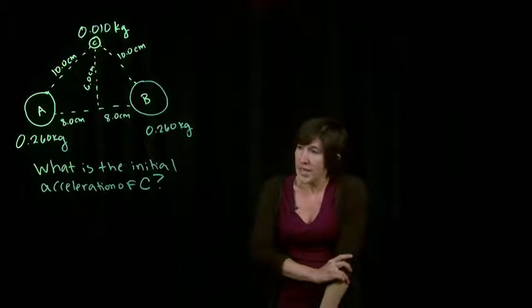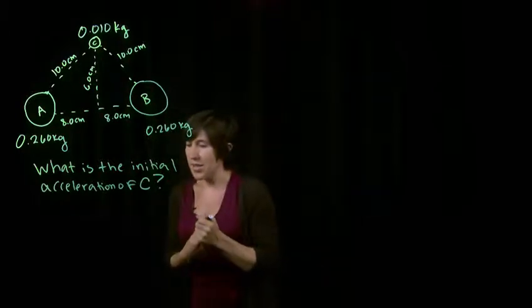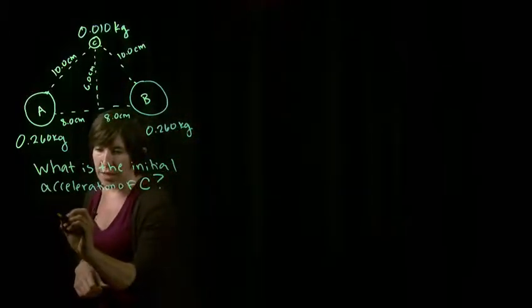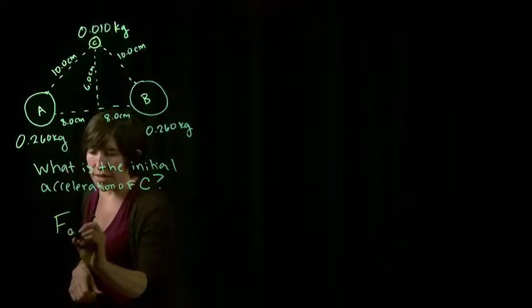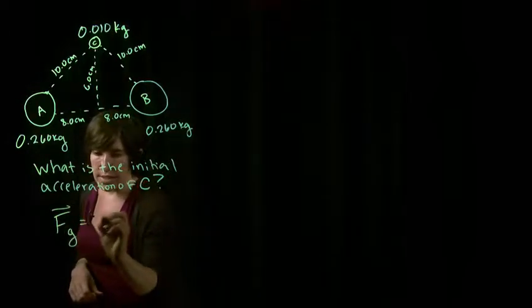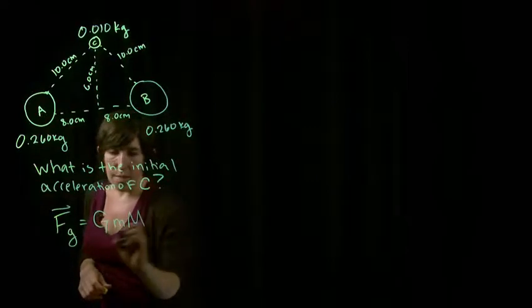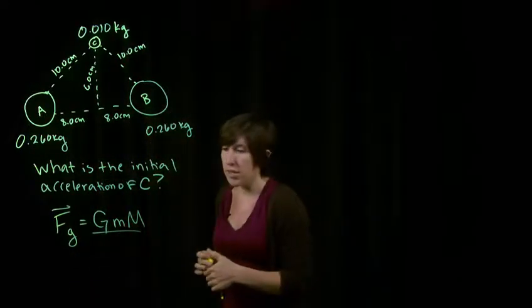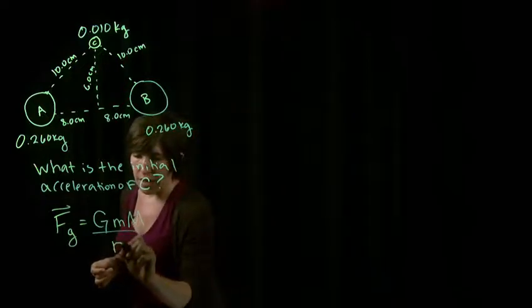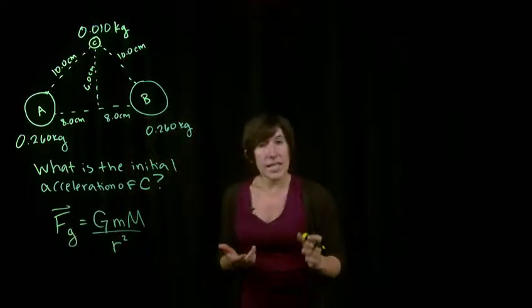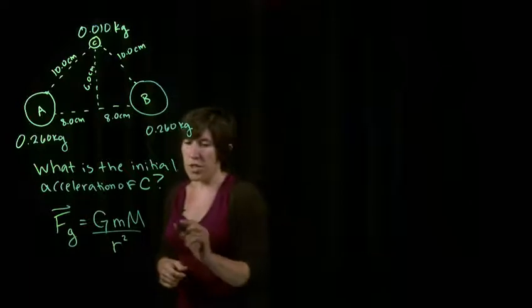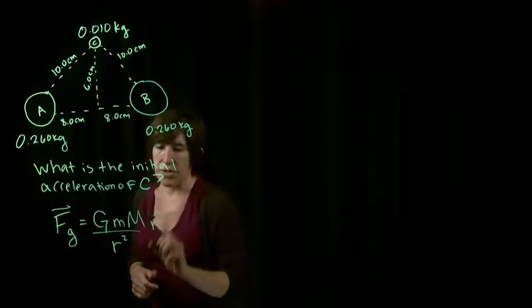So what we're doing here is just Newtonian gravity, and so the main equation that we need is the force of gravity is equal to big G, and then m1 m2 of whatever two masses you're considering the force between, divided by r squared, where r is the distance between the two objects, and then in the r hat direction.